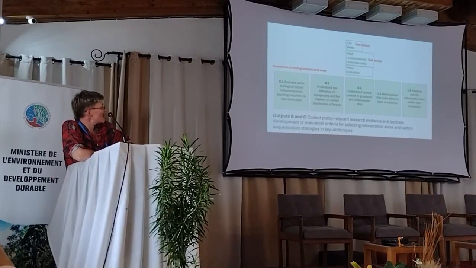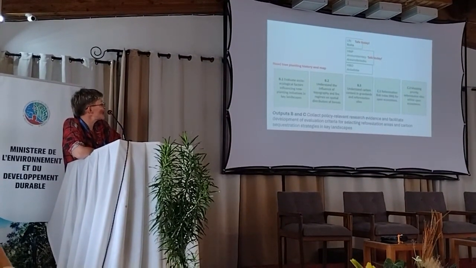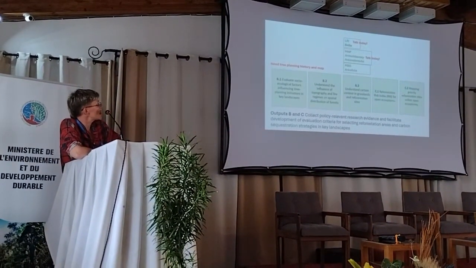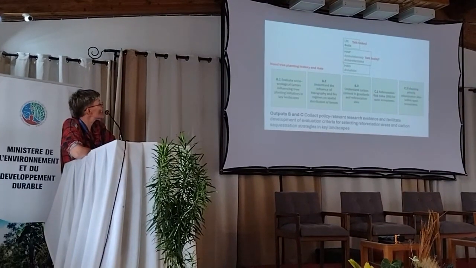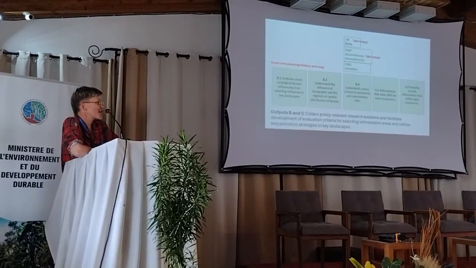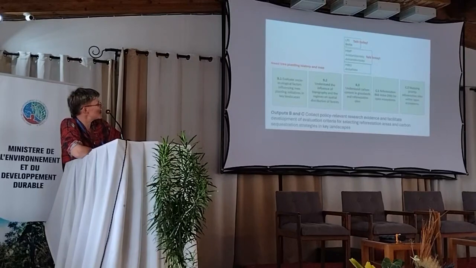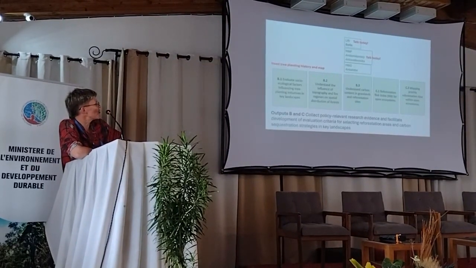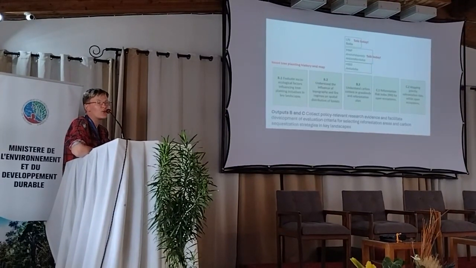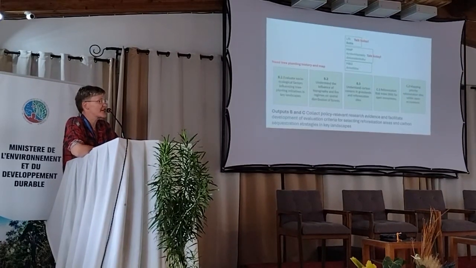Then, in the central and the most interesting part of the project, we're going to collect policy-relevant research evidence and facilitate development of evaluation criteria for selecting reforestation areas and carbon sequestration strategies in key landscapes. And when I read this, it's difficult to understand exactly what we're going to do because it's very many long words and it's many scientific disciplines. And today we work with all of you to make the plan better and to change it and to finalize it.